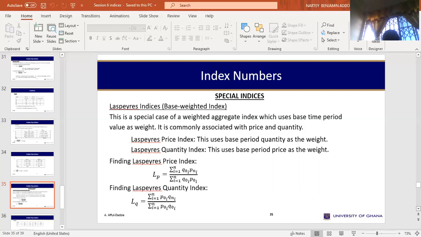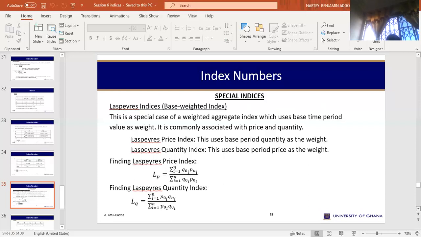So finding the Laspeyres price index is just what you have written there: PnQ0 over P0Q0 times 100. The quantity index will be QnP0 over P0Q0 times 100.